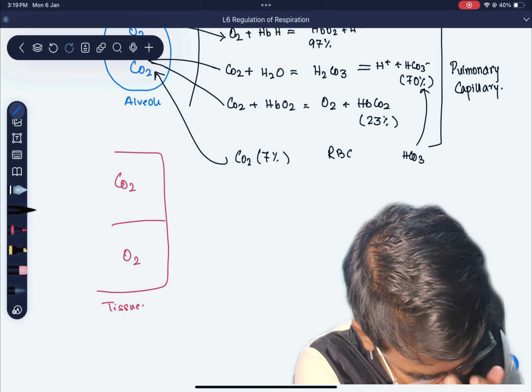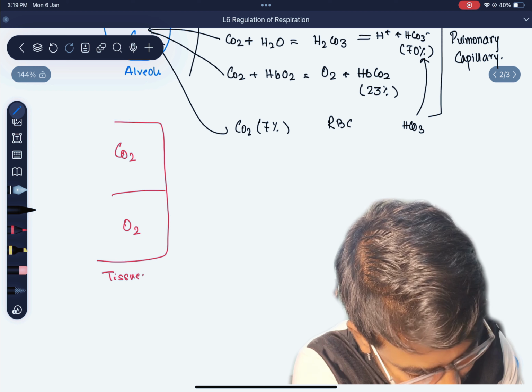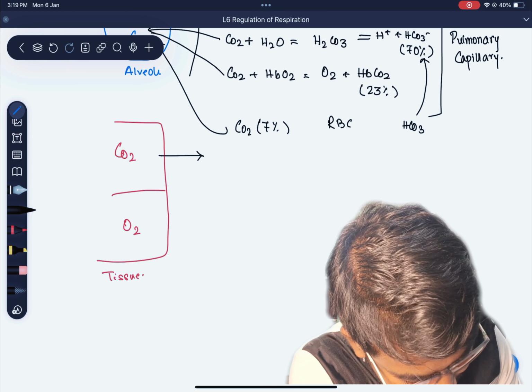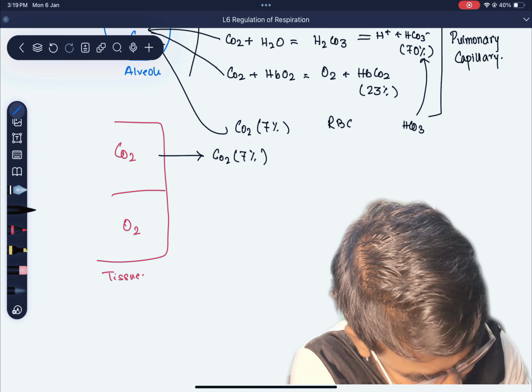Now, what happens at the tissue level? The CO2 is 7% at the tissue level, in plasma.